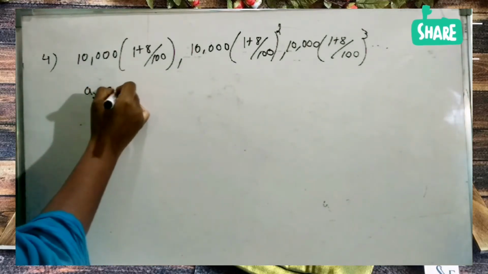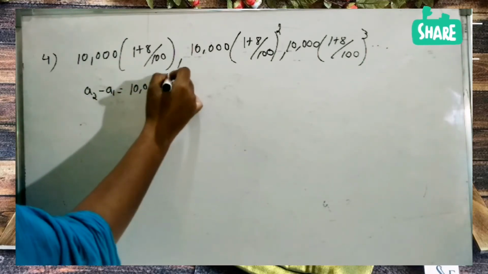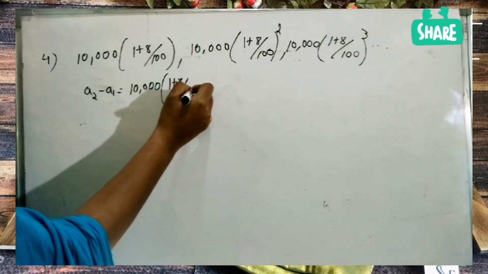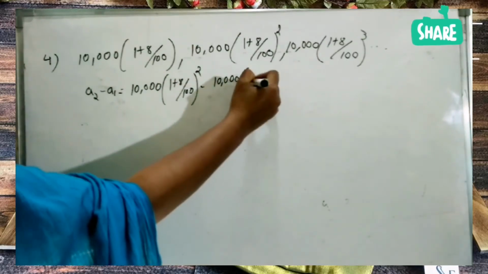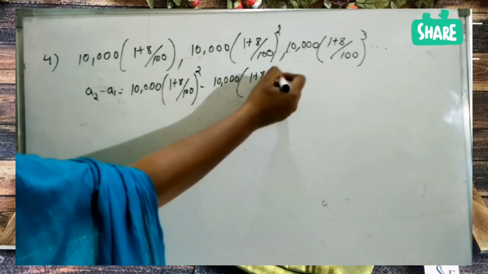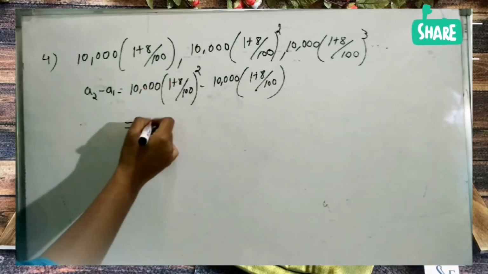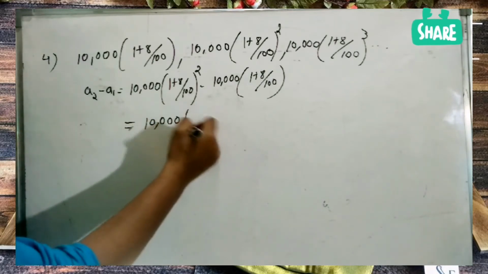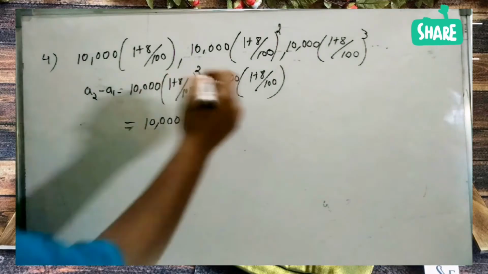A2 minus A1 is equal to 10,000 into (1 + 8/100) all squared minus 10,000 into (1 + 8/100). Now just look at these two terms. We can see that 10,000 into (1 + 8/100) is common. Just take it outside.